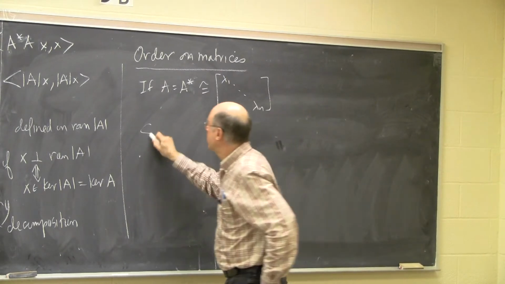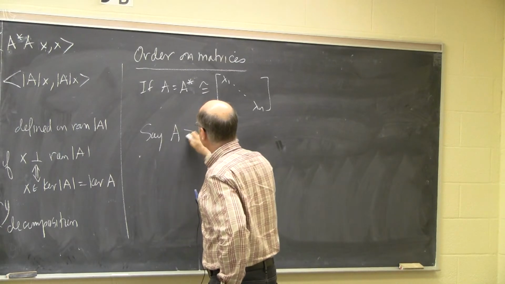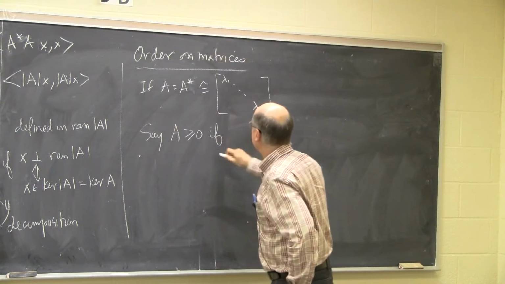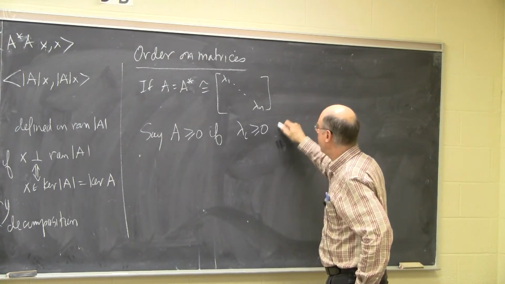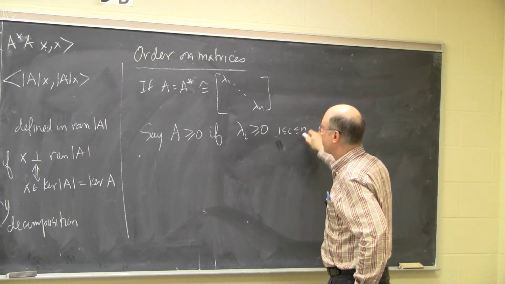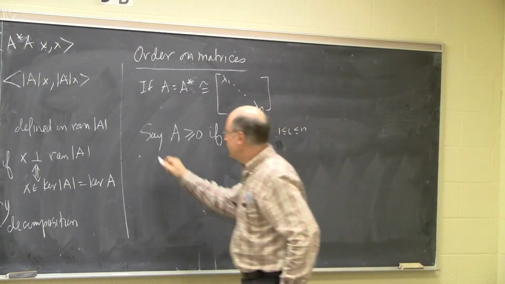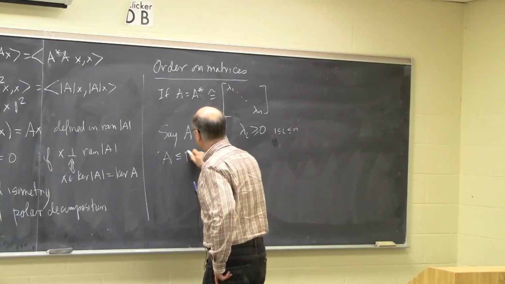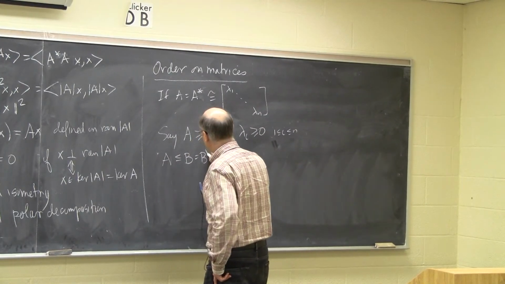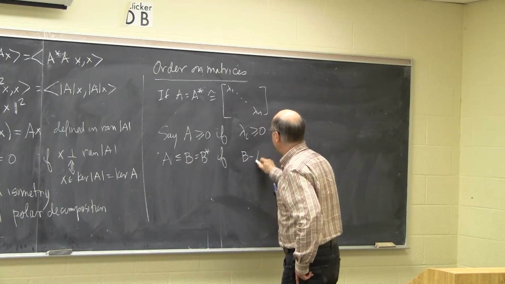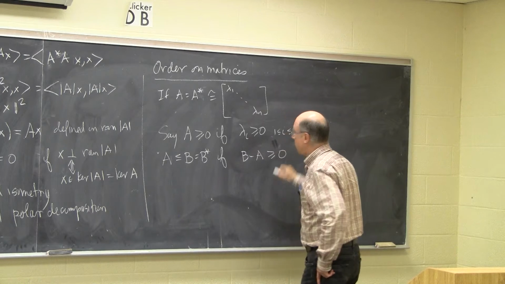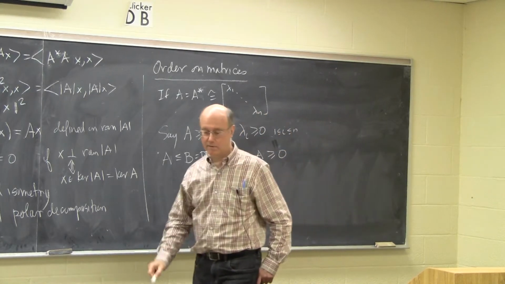And we say that A is positive if the lambda i's are all positive, for all i. Okay? And I say that A is less than or equal to B, which also has to be self-adjoint, if B minus A is positive. Okay.